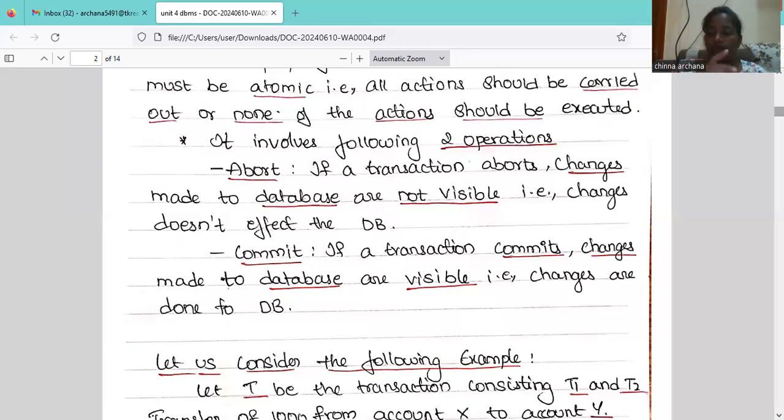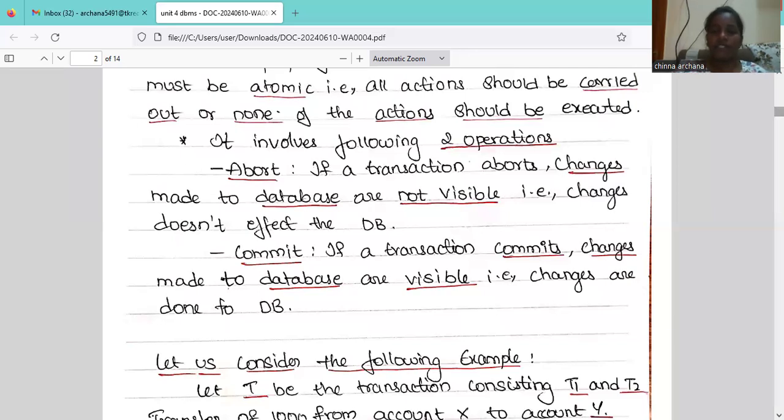See, a transaction is a set of logical instructions performing some actions. The actions may also perform some changes in the database, so these actions are reflected in the database whenever the commit operation is done by the transaction.